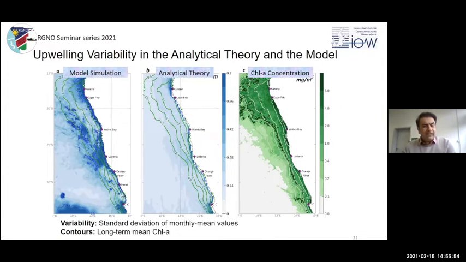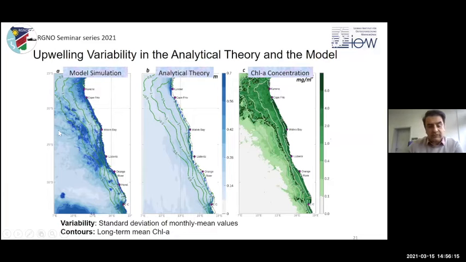When we move to the variation of the upwelling, shown in our model in the left-hand side panel, and in the middle the analytical theory, we can say that even though on long-term average these two show similar patterns, the variability is different.